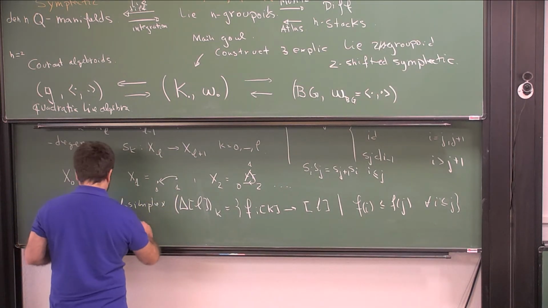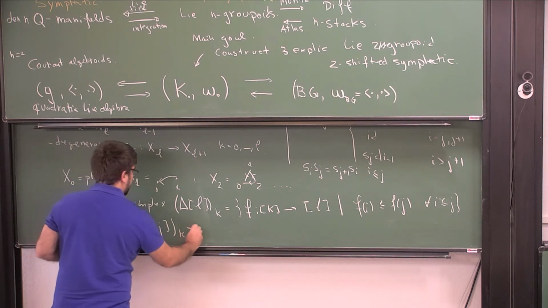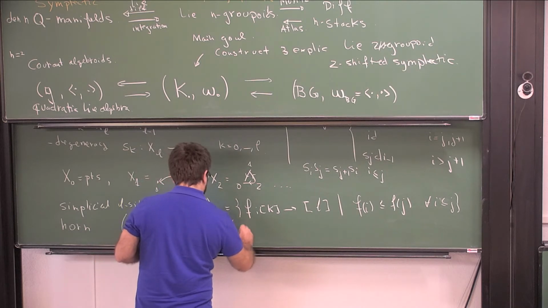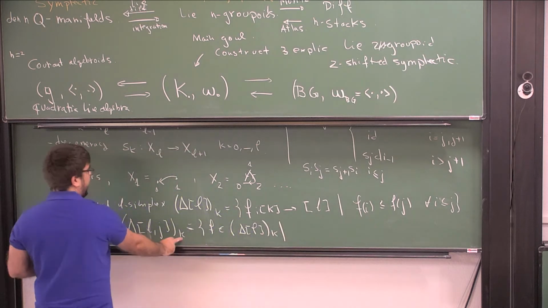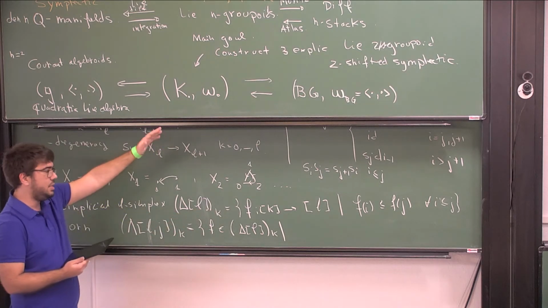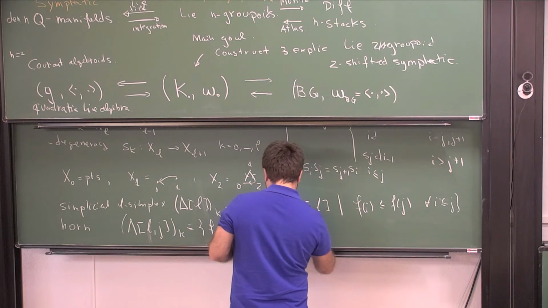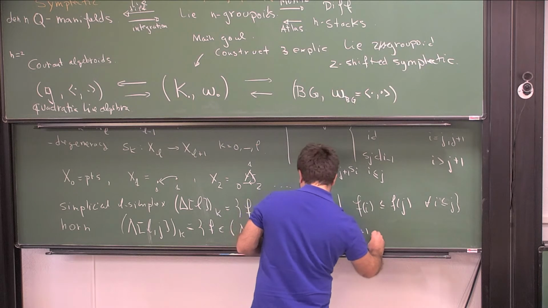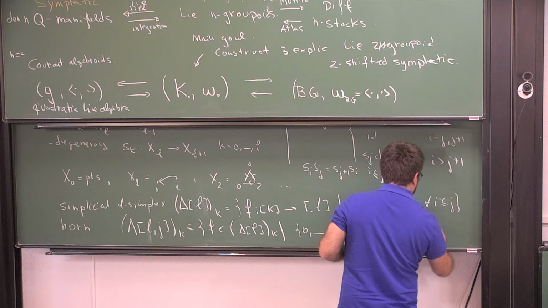The horn is Λ^l_j, the horn on degree k, and these are just the elements of my simplicial l-simplex in degree k. So the k indicates the degree, because these are simplicial manifolds. I'm not telling you which are the faces and the degeneracies, but anyway, in degree k I put the elements f containing j plus 1 and so on, that are not contained in the image of f.